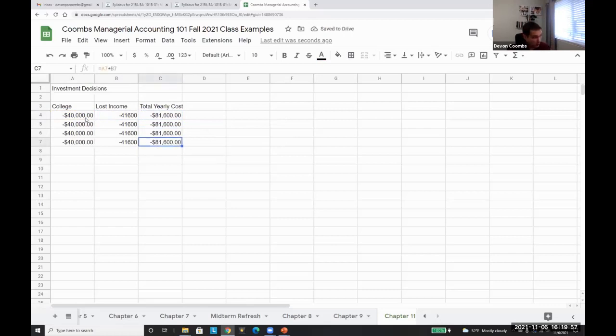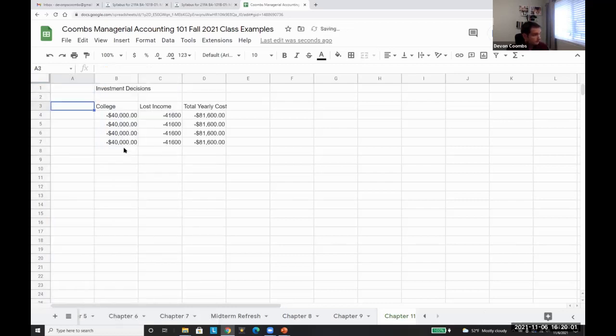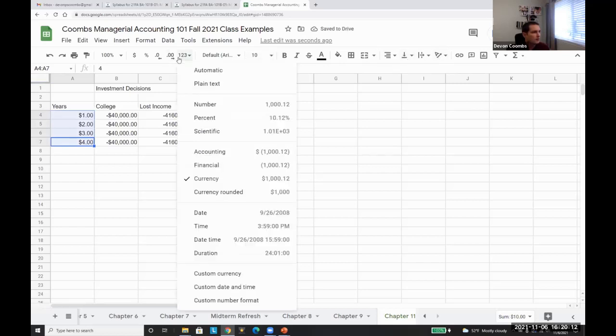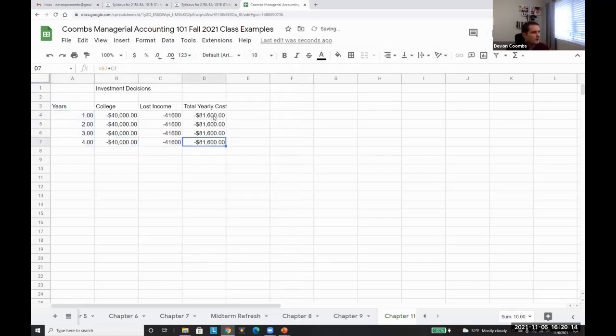So by year 4, right, these are the years: 1, 2, 3. Years aren't money, but I guess they are. I think it's time is money. 4. Number. Total cost.